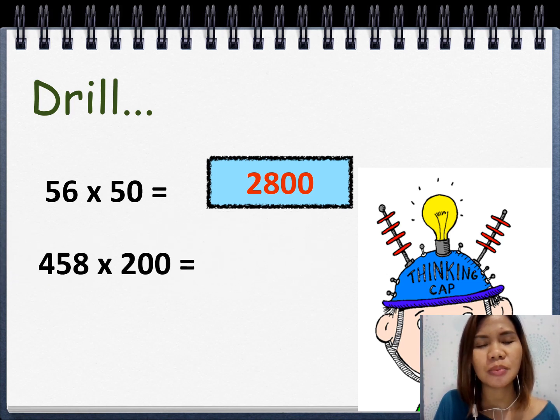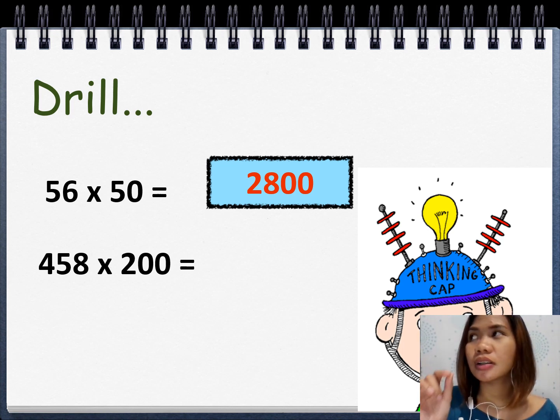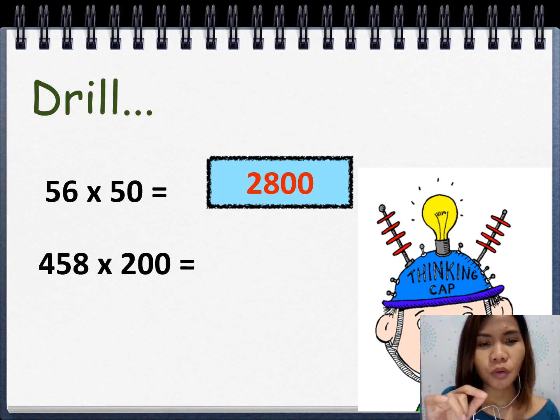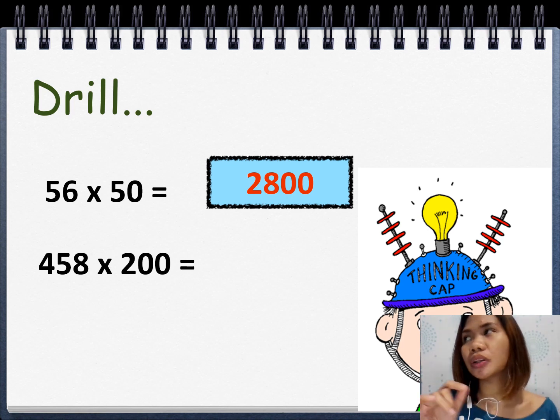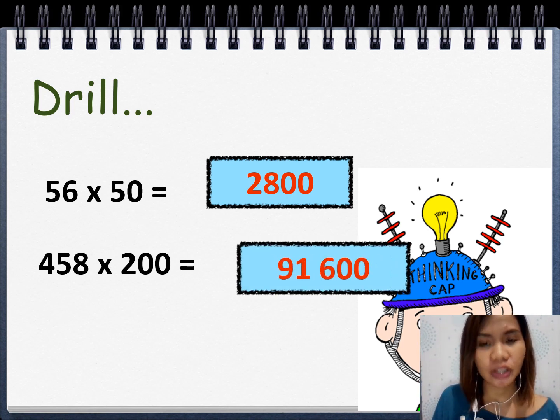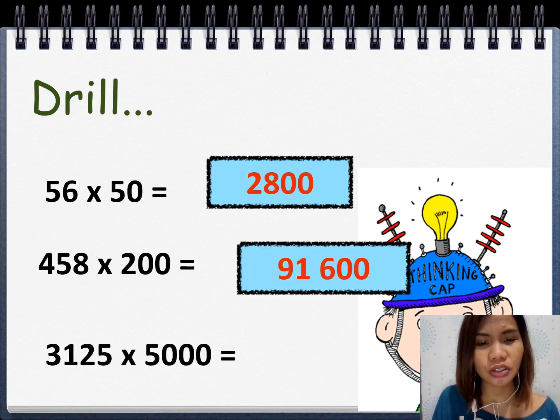Okay, so how about this one? 458 times 200. So you can write 458 times 2 times 100, and you will have 91,600.